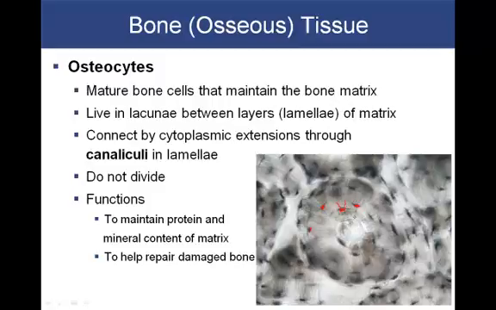And remember, the canaliculi are the canals that allow substances to be transported between osteocytes. Another function of the osteocyte is that it can help repair damaged bone, and that's something we'll cover later.